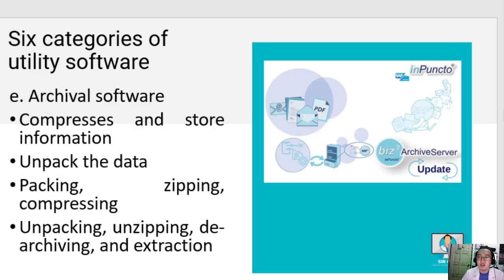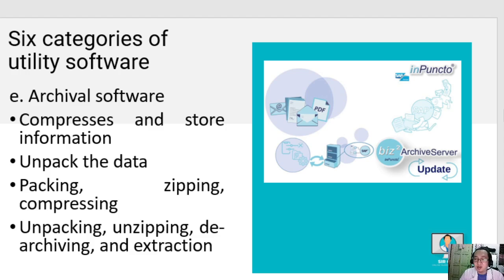Then we have your archival software. This compresses information in files to be archived, and it stores them in a compressed form in some long-term storage devices. So why do we need to compress it? Because we want it to have a smaller memory, especially if we are saving storage.